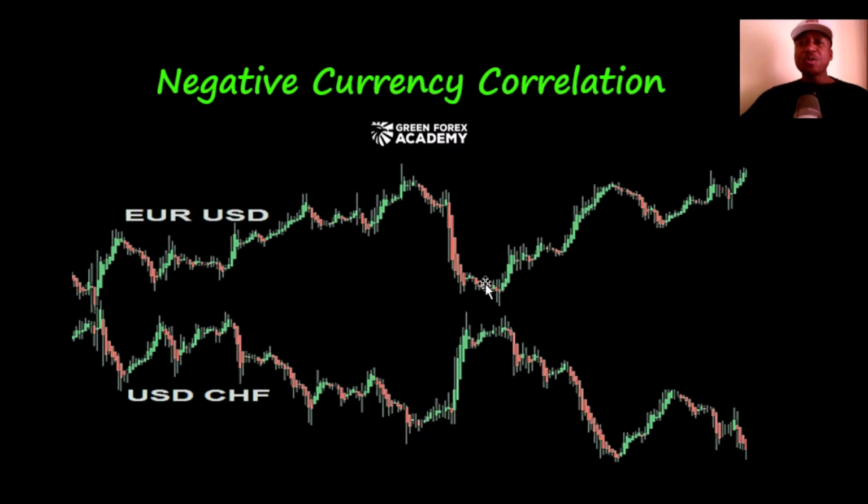So from this point we can see Euro USD pushing to the upside, while from the same point USD CHF pushing downward, like going down. So we can see that these are always moving in opposite direction. Euro USD and USD CHF move in opposite direction, and that is why it is called negative correlation, negative currency correlation. So as a trader, for you to be successful trading multiple currency pairs, you need to understand the positive correlation and negative correlation in trading.